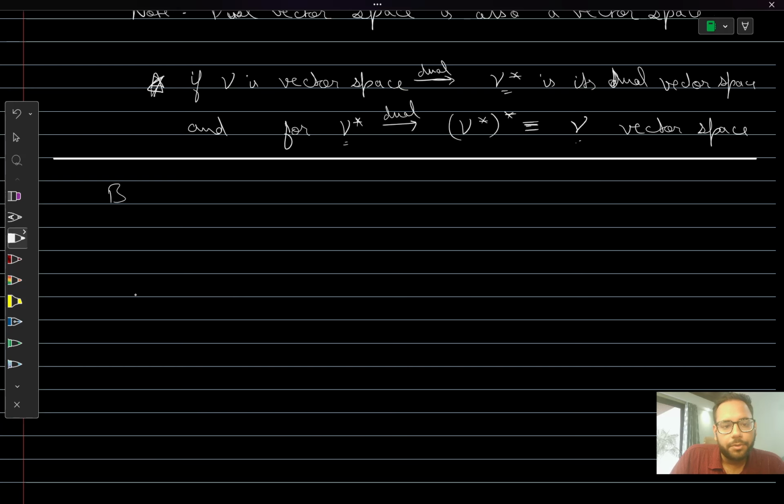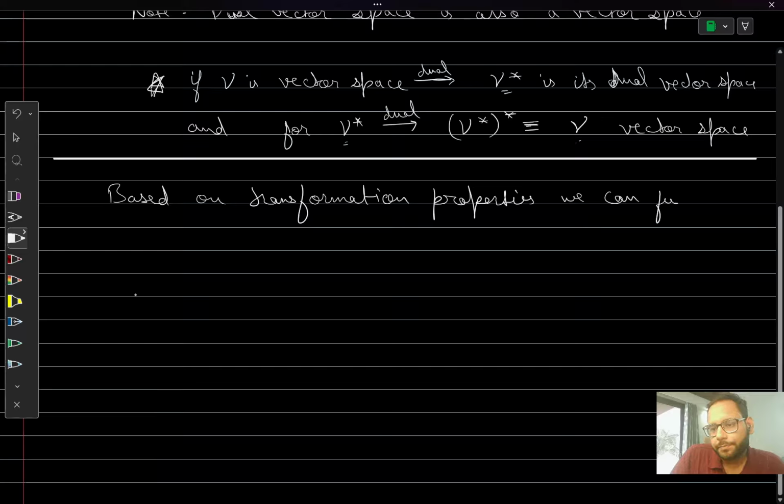So based on transformation properties, we can further categorize vectors.